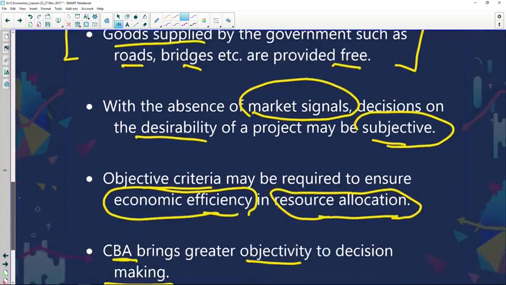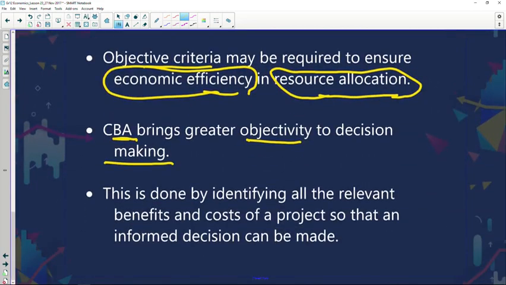Right, let's move on. So this is done by identifying all the relevant benefits and costs of a project, so that an informed decision can be made. Okay, so a study has been done, so a feasibility study has been done. So you've looked at all the costs that you are going to incur in making this project possible.